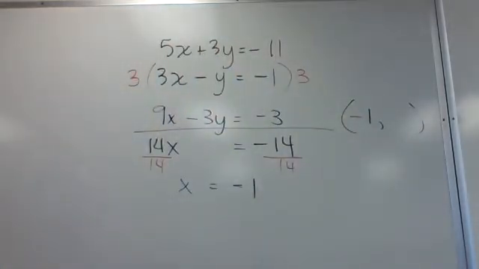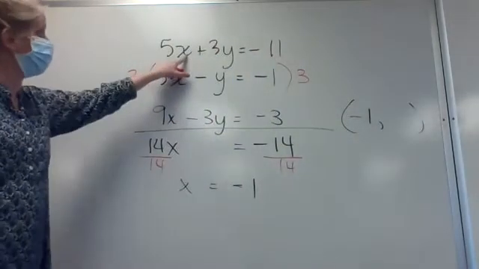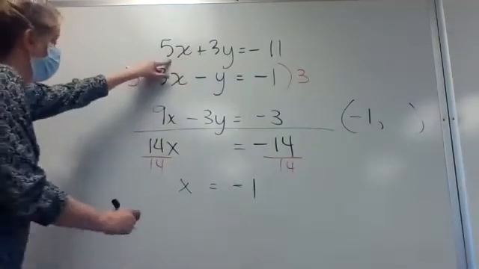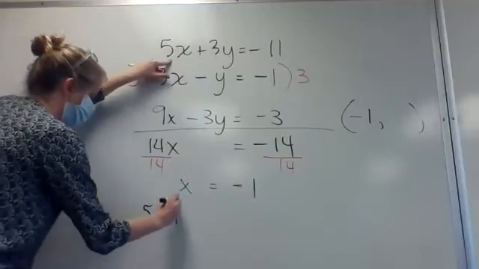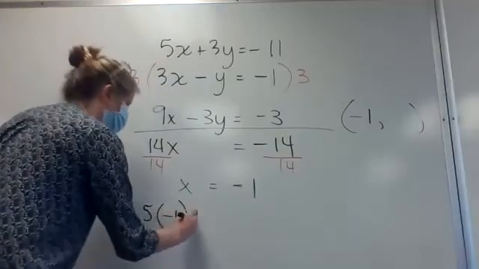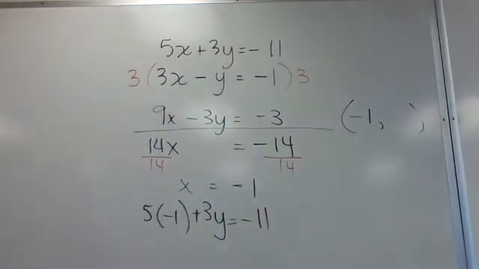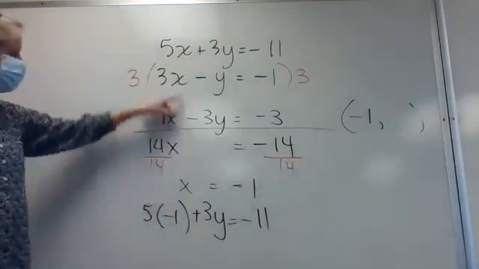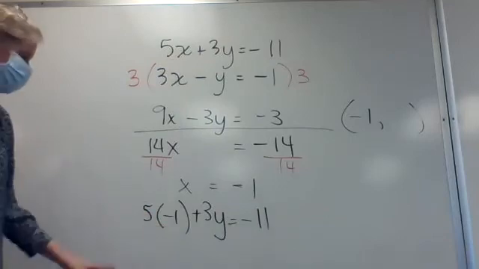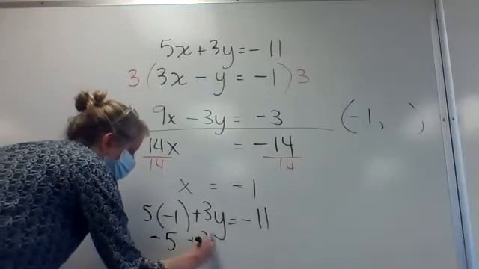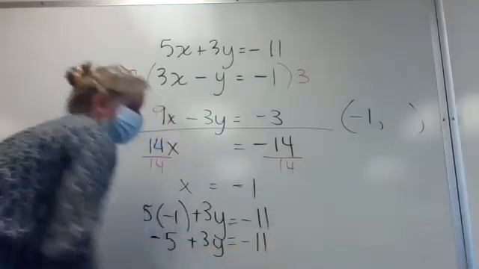Now, just like always, go find your y by replacing this x with negative 1. So I'll have 5 times negative 1, plus, and I've already worked this today, 3y equals negative 11. So all I've done is replace the x with negative 1. 5 times negative 1 is negative 5 plus 3y equals negative 11.